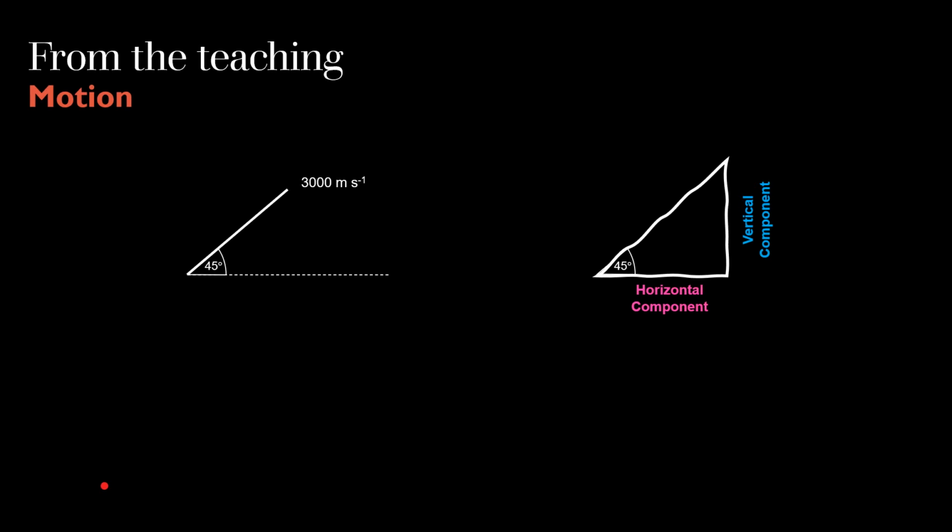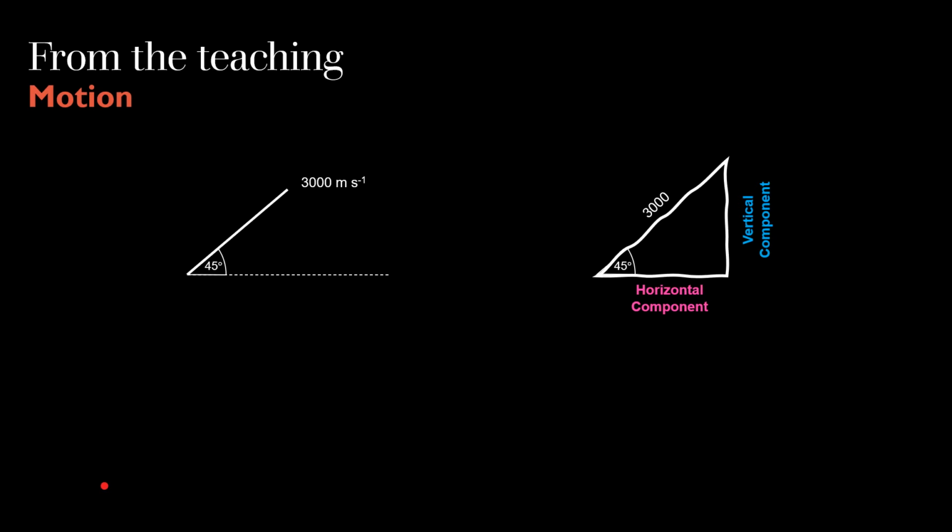The hypotenuse is related to the speed, that's 3,000 meters per second. We are asked to find the vertical and horizontal components. What does it mean to do that? It means they want to know the lengths of those two sides, and the number we get we then convert into meters per second, and that is the speed we are looking for.